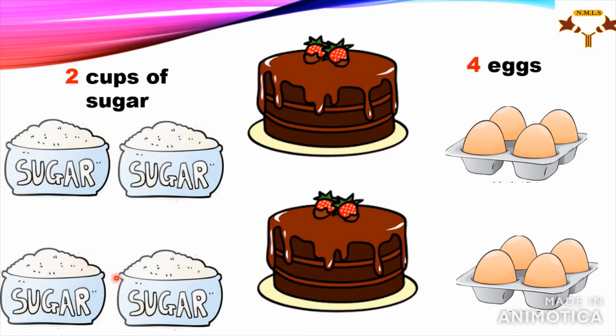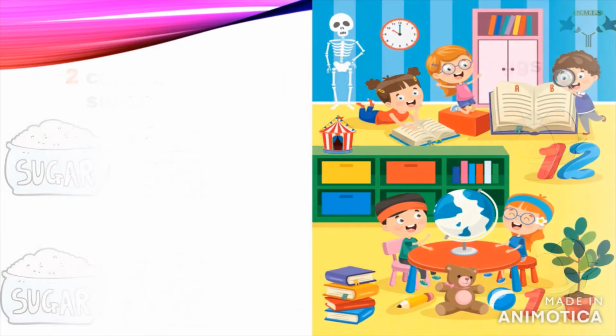So there is a ratio between the number of cups of sugar and the number of eggs. Every 2 cups of sugar needs 4 eggs. Let's take another example.